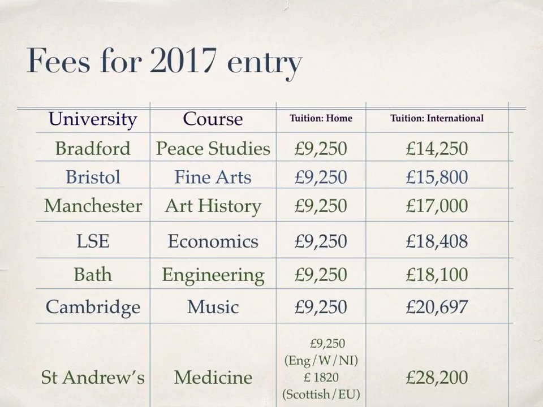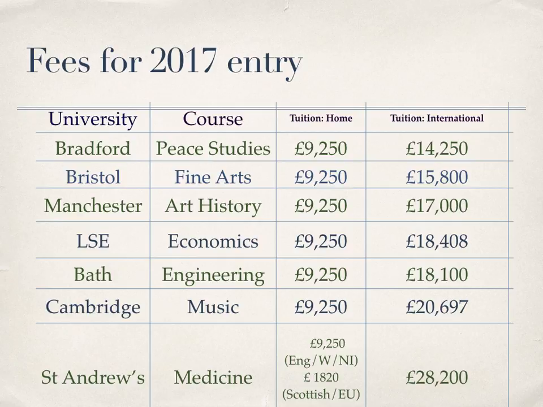We did some Google searching and we found out the costs for universities depending on different courses, and this is all information that is available, so you can also do the Google search. As you can see, it costs a lot more for international students than it does for UK students or home EU students. Please be aware of what it means in terms for Scotland then.